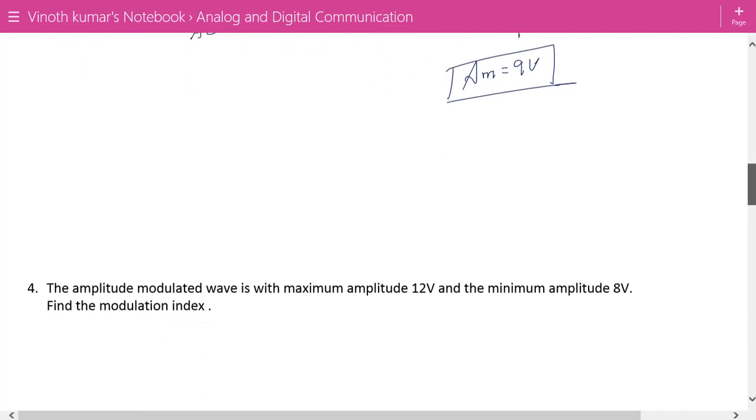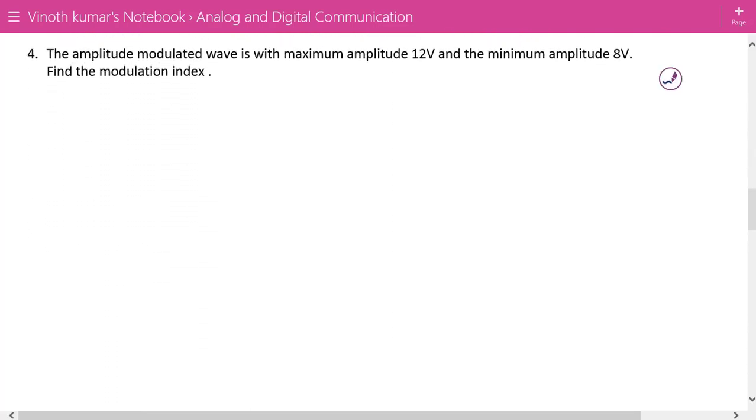So the next problem is, the amplitude modulated wave has a maximum amplitude of 12 volts and a minimum amplitude of 8 volts, and we need to find the modulation index. The amplitude modulated wave can be expressed like this.